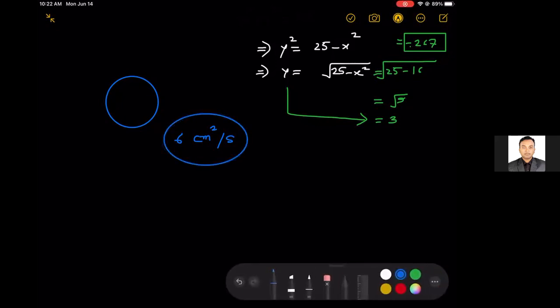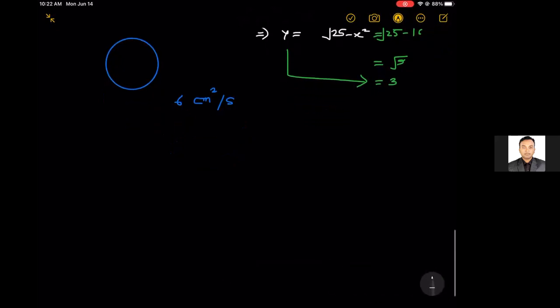Now, the question is how fast is the radius changing when the radius is 4? That means they have given us r equals 4. They want me to find how fast is the radius changing when the area is changing at this rate.